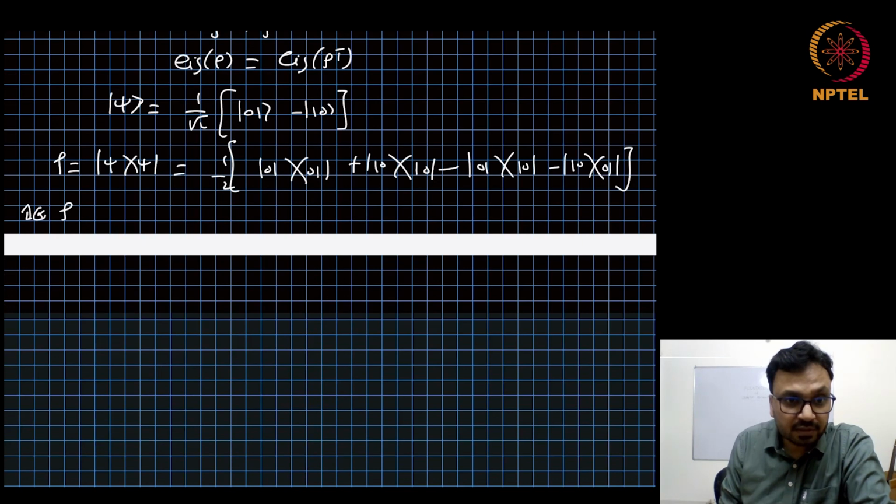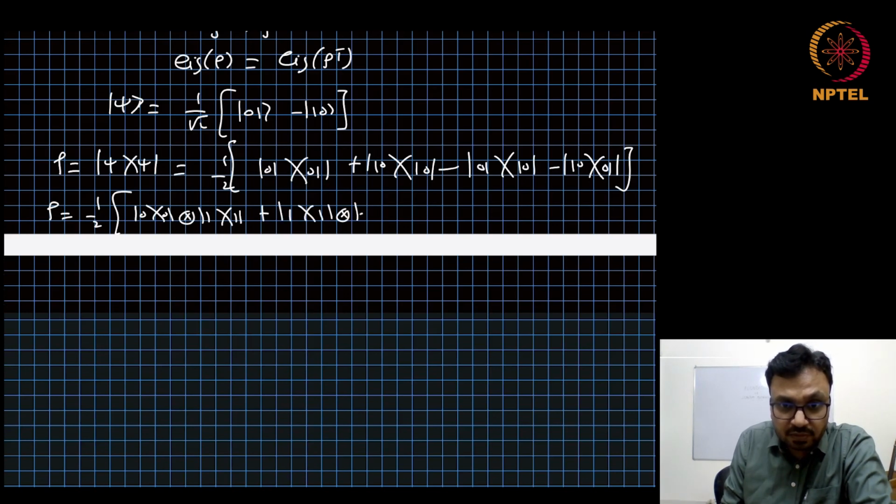So we have identity on the subsystem A and transposition on the subsystem B. It means first let us write rho as half. So |01><01| can be written as |0><0| tensor |1><1|, plus |1><1| tensor |0><0|, minus |0><1| tensor |1><0|, minus |1><0| tensor |0><1|.